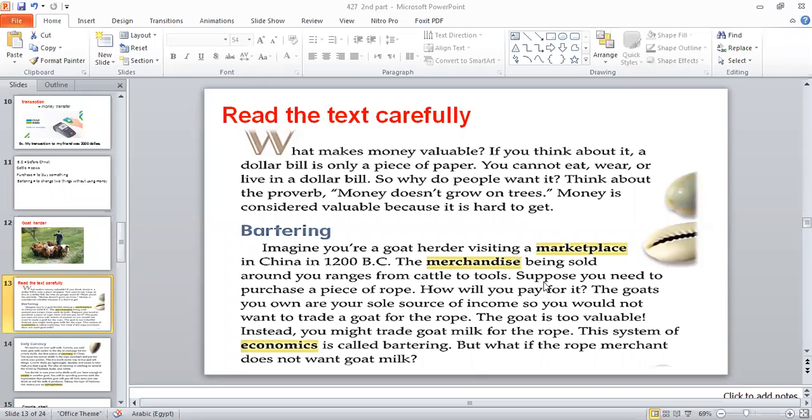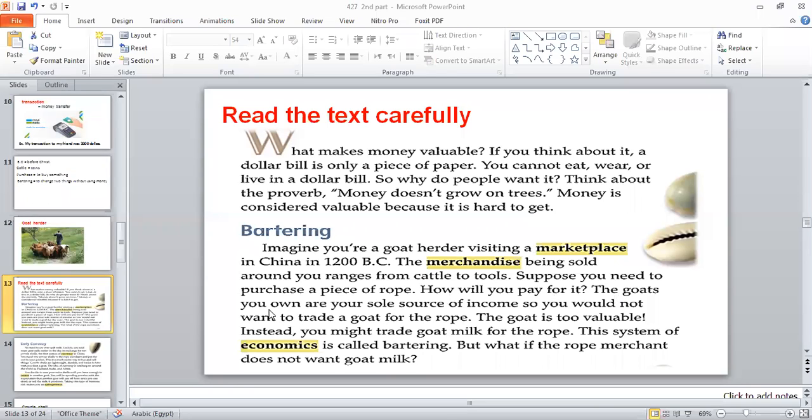Suppose you need to purchase a piece of rope. What will you pay for it? The goats.